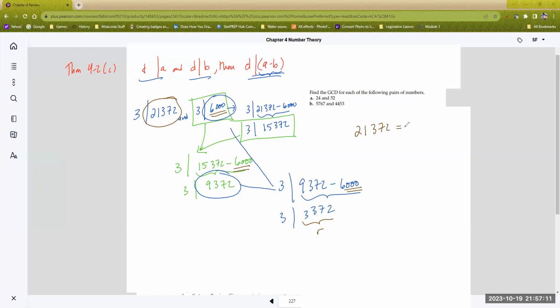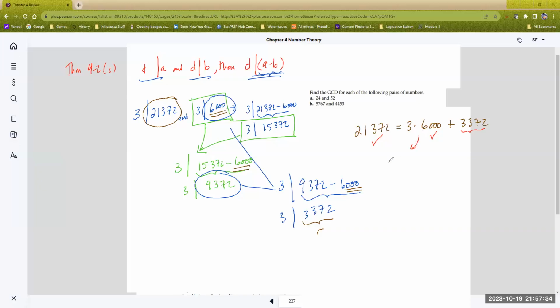Then we could say 21,372 is really 3 groups of 6,000 plus a remainder of 3,372. Now again, the Euclidean algorithm says, if 3 divides this number and 3 divides 6,000, then it's guaranteed to divide the component here.